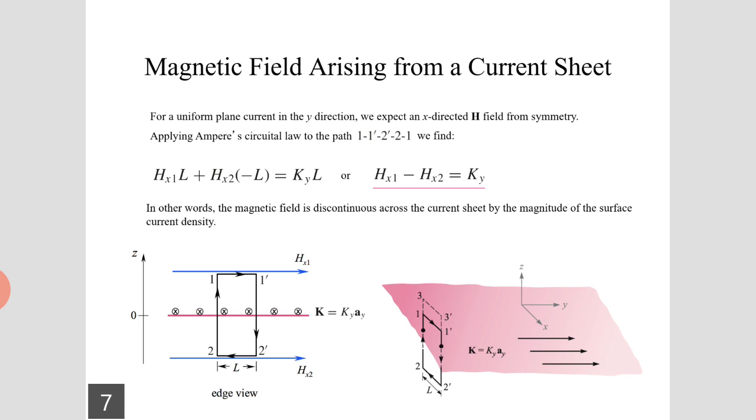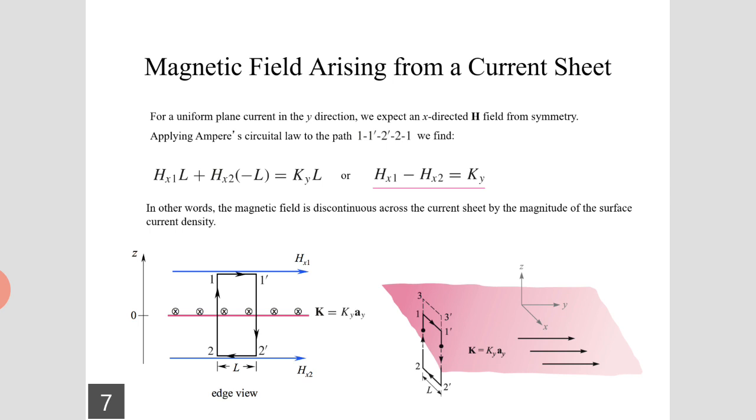So here, after applying Ampere's circuit law to the path, we find Hx1 L, which is along the positive z, that is z greater than 0, plus Hx2 times minus L along the negative z direction, which is 2 2 dash. Now Hx1 is along 1 1 dash, Hx2 is along 2 2 dash. So we need to find the magnetic field intensity, which is equal to Ky into L. So you can write it as Hx1 minus Hx2 is equal to Ky.